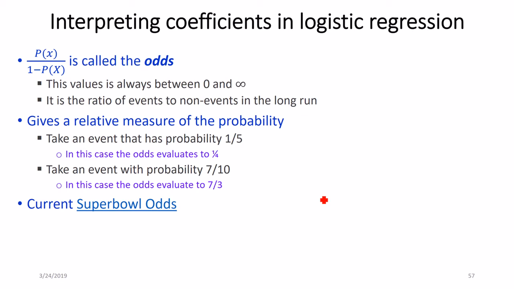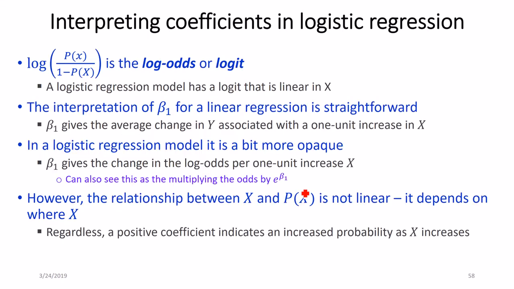If p of x is 7/10, then the odds is 7/3. The log of p of x divided by 1 minus p of x is the log odds or logit. And it's interesting that in a logistic regression model, the logit is linear in x.